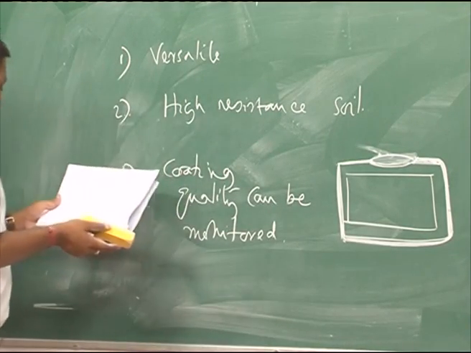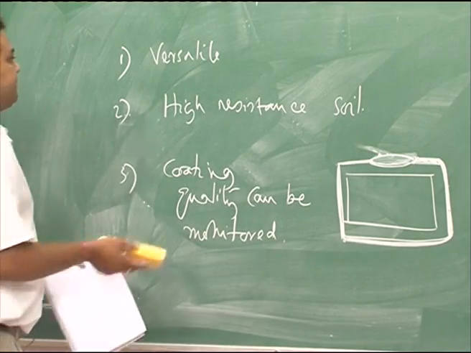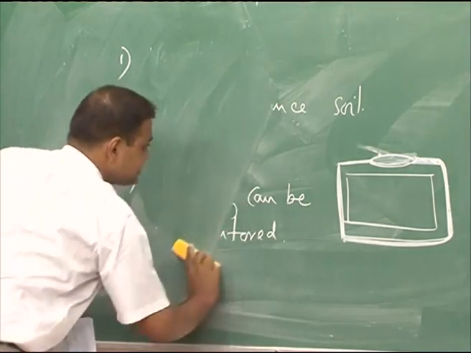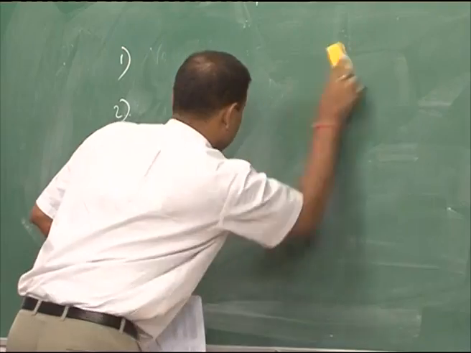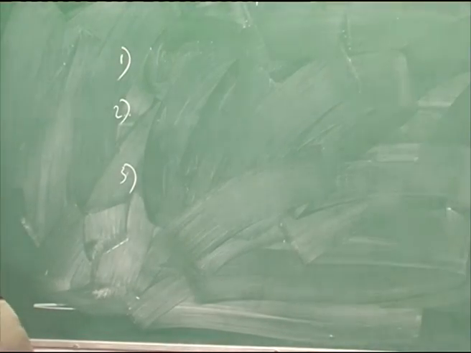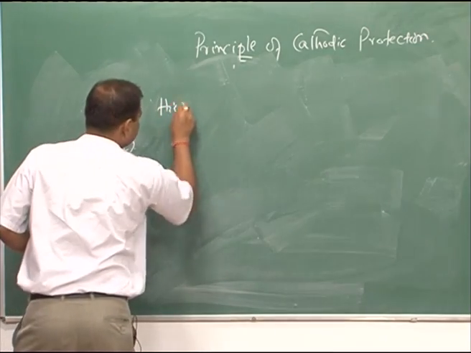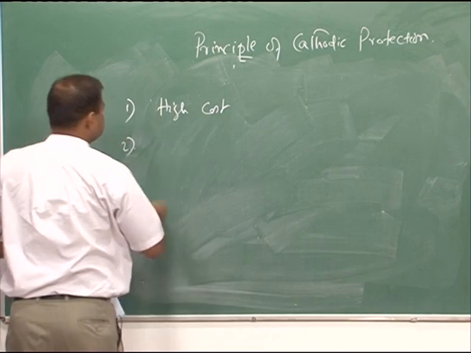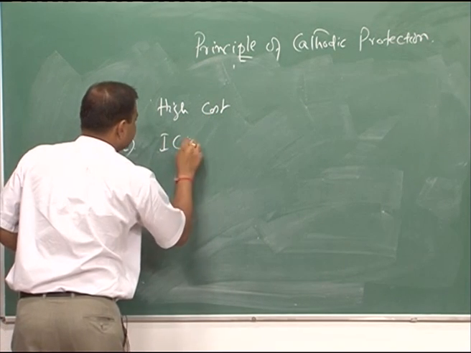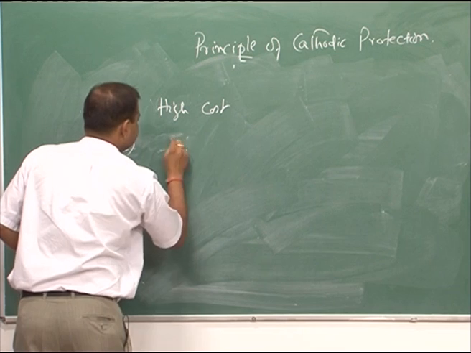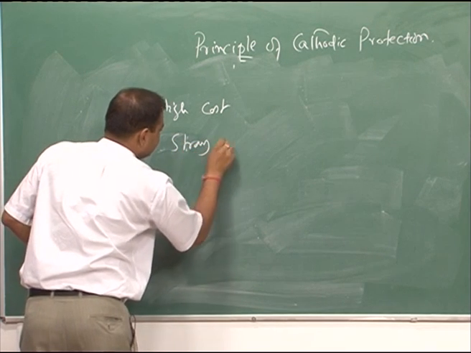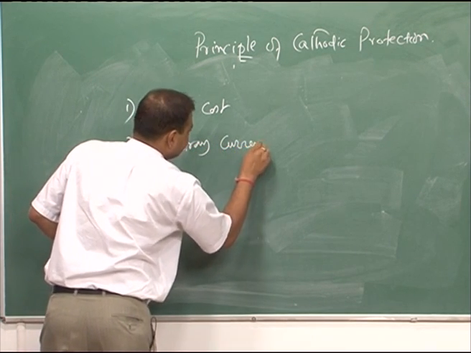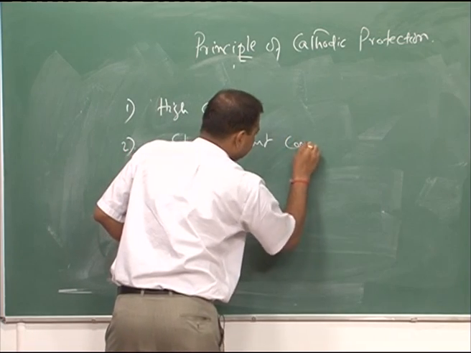So, that is one. What are the disadvantages? One is high cost. Second is there is a possibility of stray current corrosion.